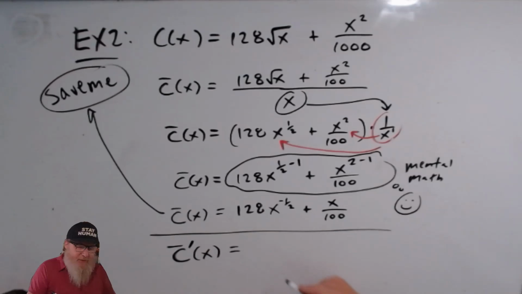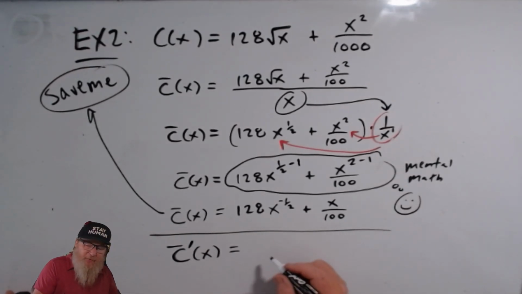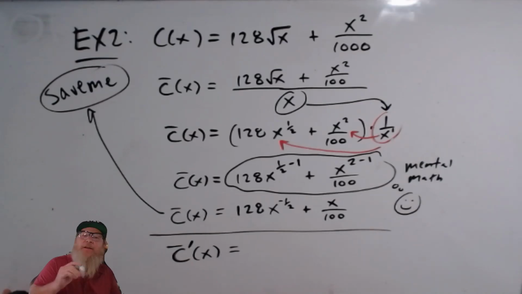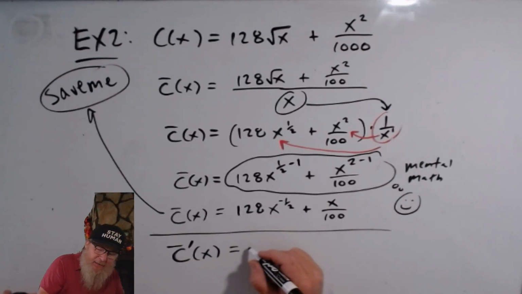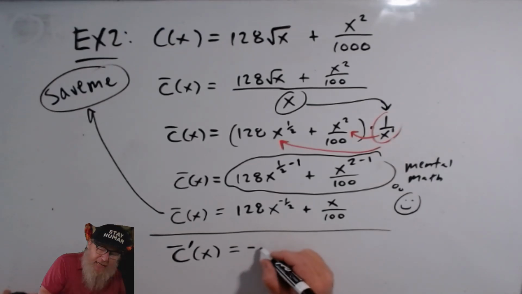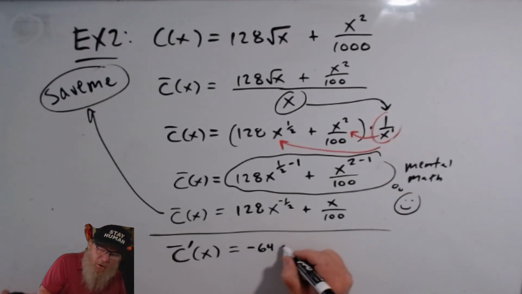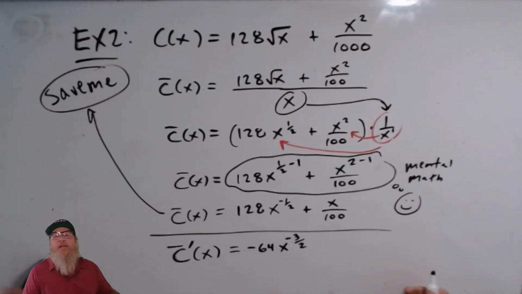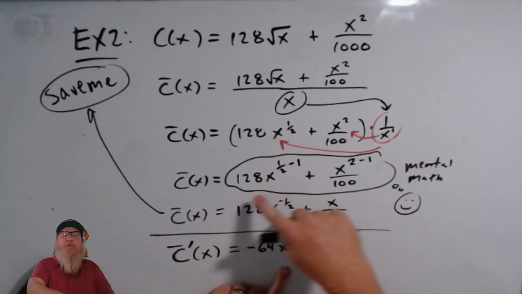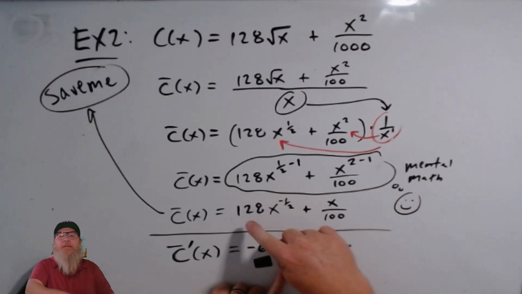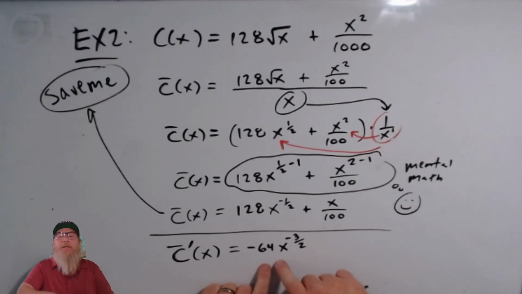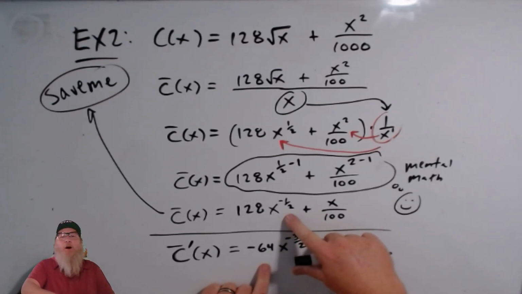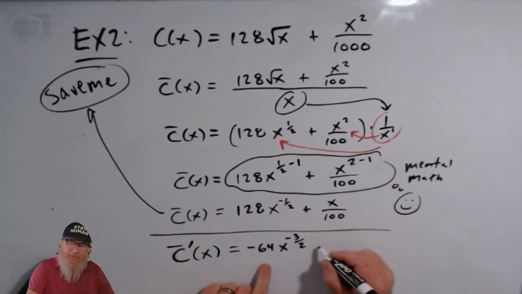We're setting it equal to 0. So let's first find the derivative. Now I'm going to do the derivative power rule. So multiply. So that'll be negative 64 x to the negative 3/2. Remember, you multiply the power times the coefficient. That'll give you negative 64. Then you subtract 1 from the power. So that gives you negative 3/2.